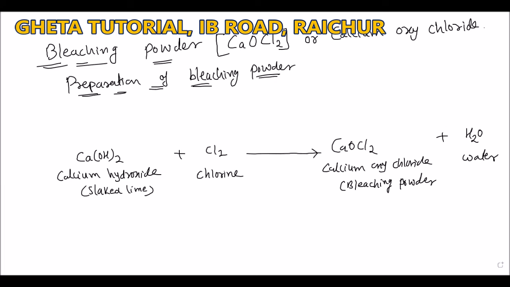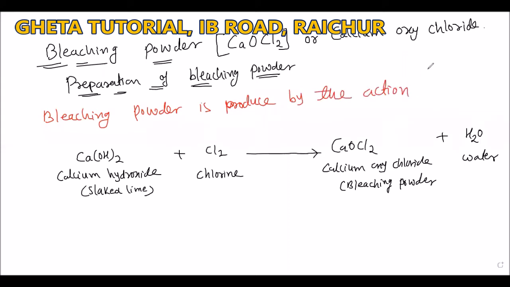What we have to do in this preparation, see. Bleaching powder is produced by the action of chlorine on dry slaked lime.